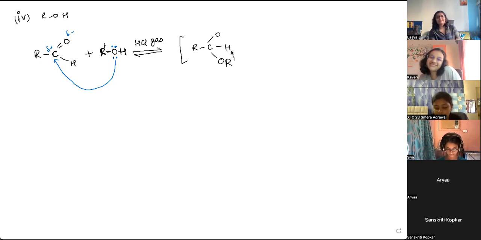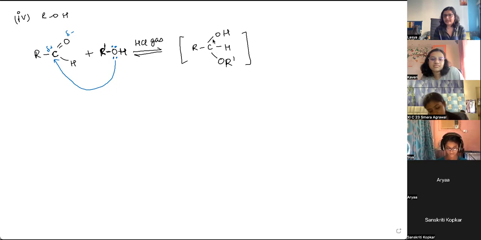Okay, so this is the intermediate that we end up with. This particular species, where you have carbon with an OH group and an alkoxy group, is called a hemiacetal.